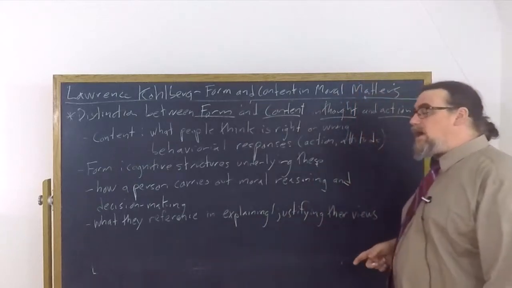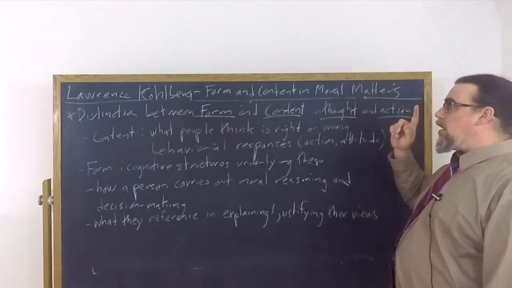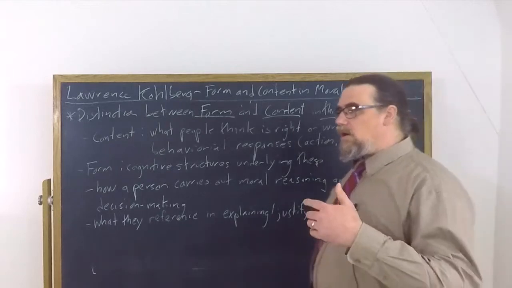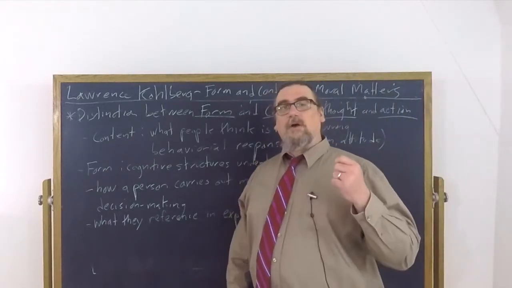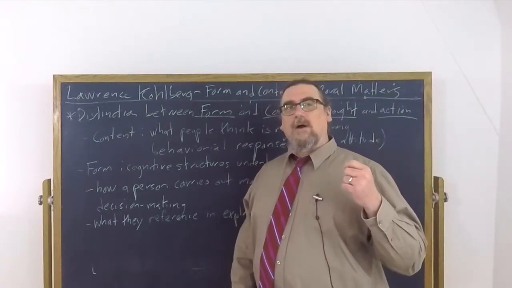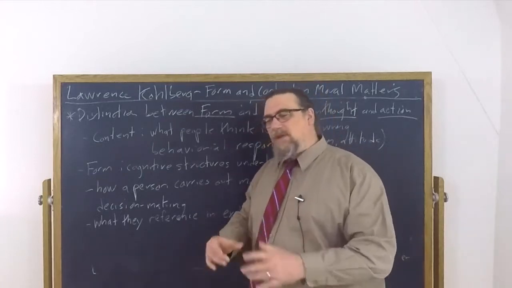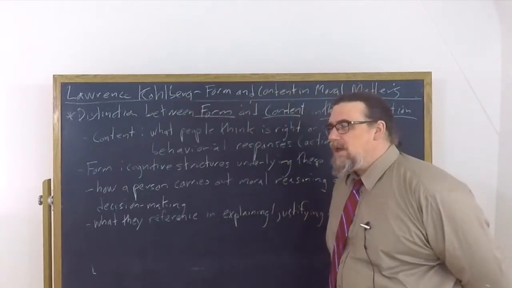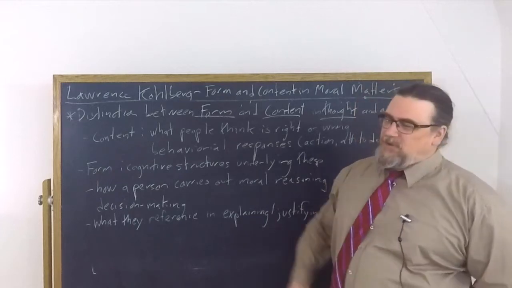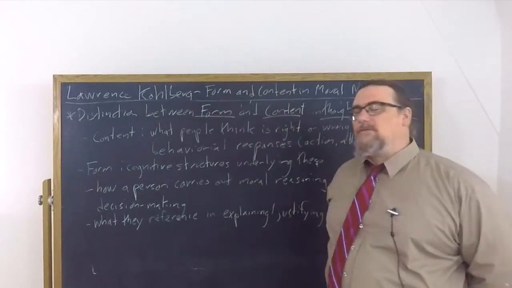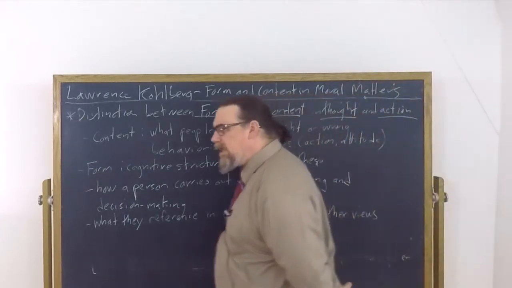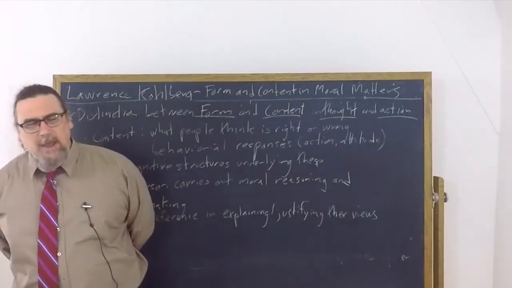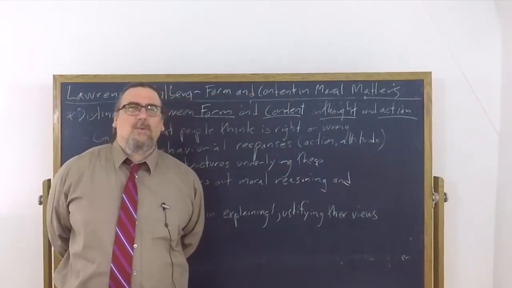Form and content not just in terms of our thoughts or our verbal expressions, but also in terms of our actions. And this is what makes Kohlberg's theory so interesting for ethics, besides the classification of the 6 stages. He's very interested in what we would call practical reasoning.